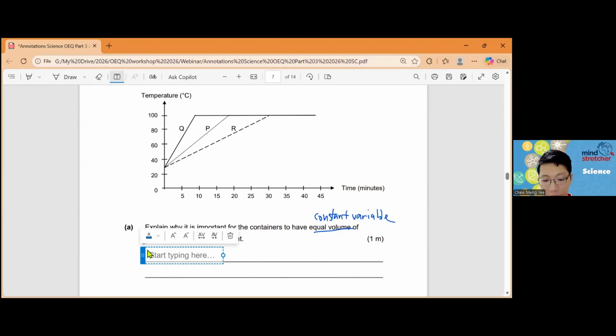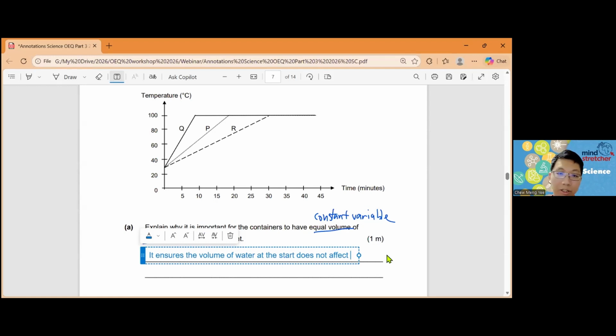You can say "to ensure" or "it ensures", because this question asks why it is important. So it ensures that the volume of water at the start, this is the phrasing that you all learn, right? It ensures, then the constant variable does not affect what? The measured variable.